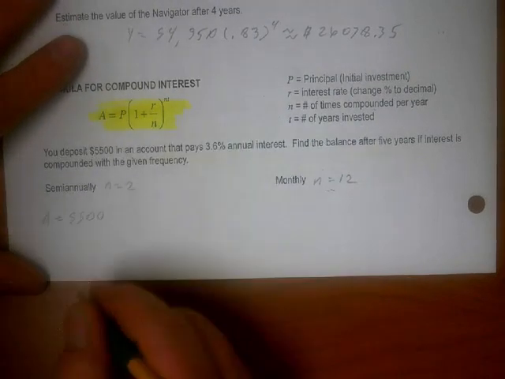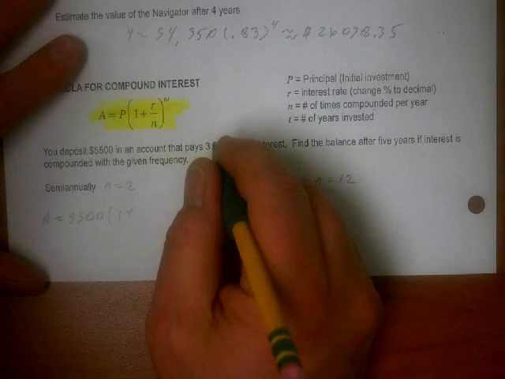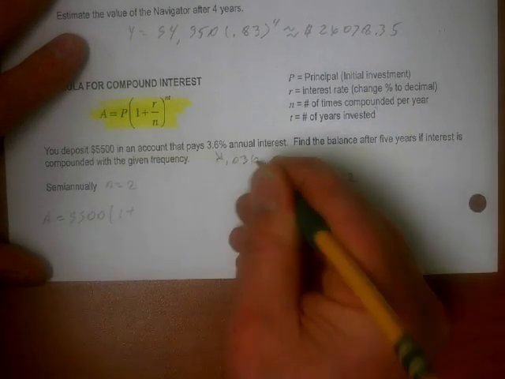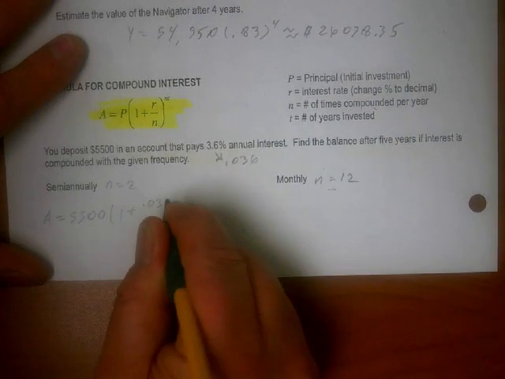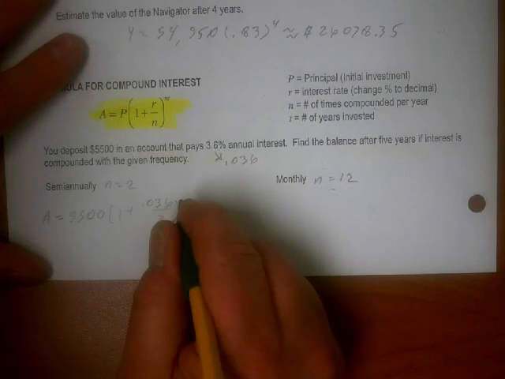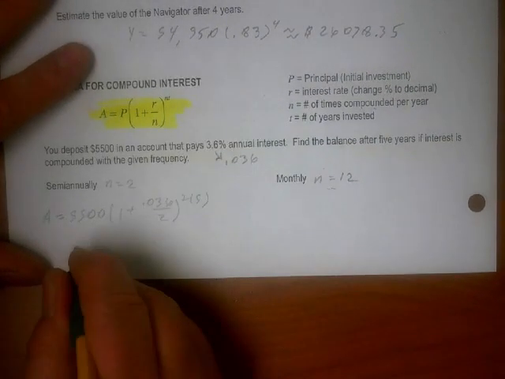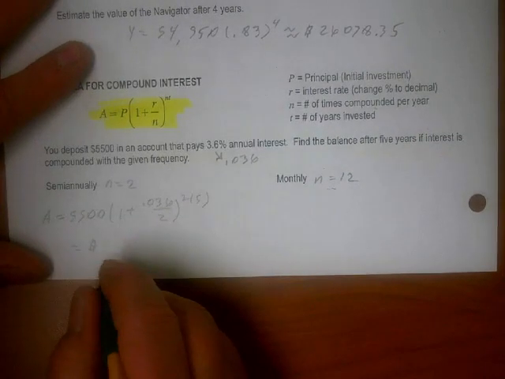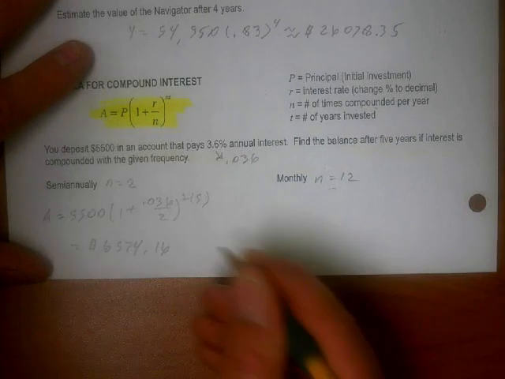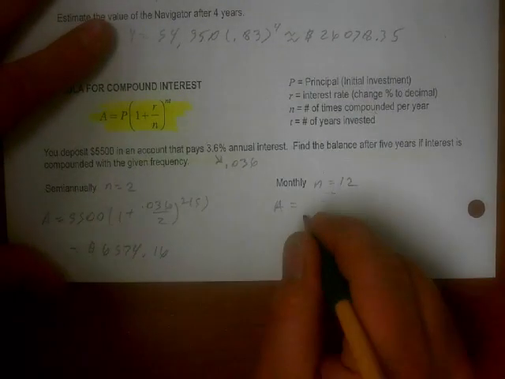A, which is the amount, equals 550 times (1 plus 0.036 over 2) raised to the 2 times 5. 3.6% is the same thing as 0.036. After you put that in your calculator, you're going to get $6,574.16.